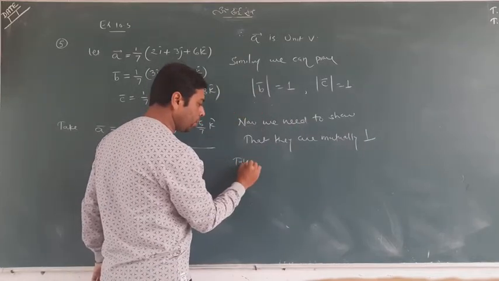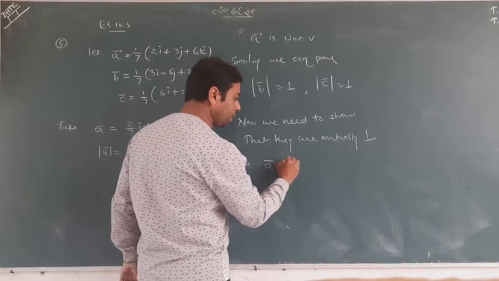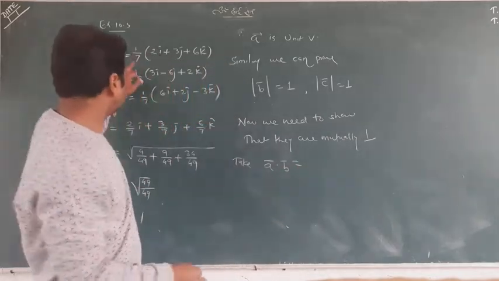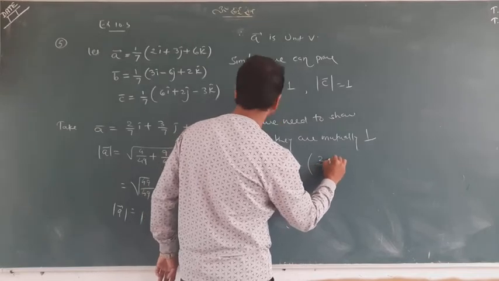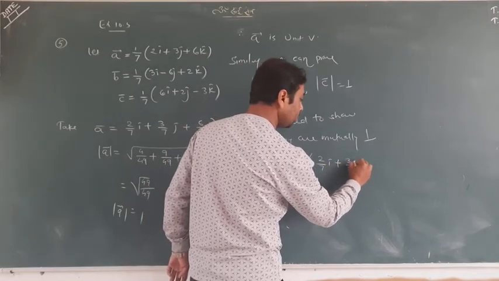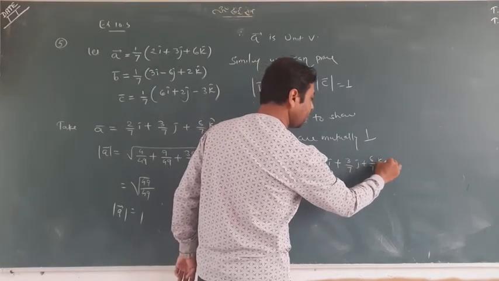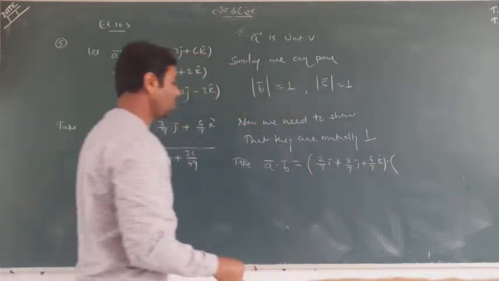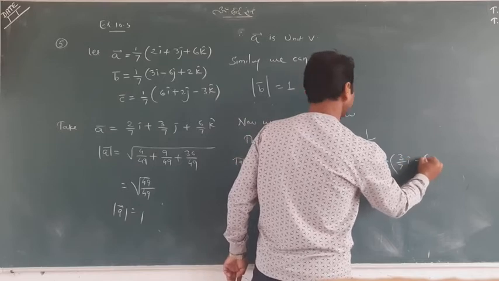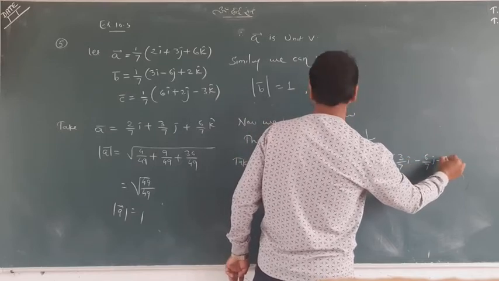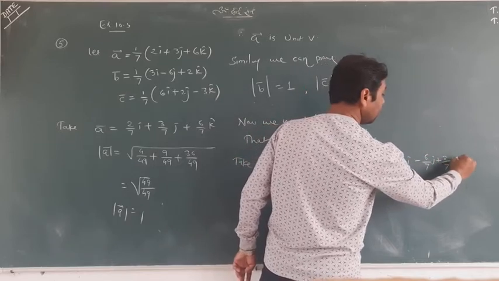So first of all, I take A dot B. What is A and what is B? A is 2/7 i, 3/7 j, 6/7 k, dot. What is B? 3/7 i minus 6/7 j plus 2/7 k.